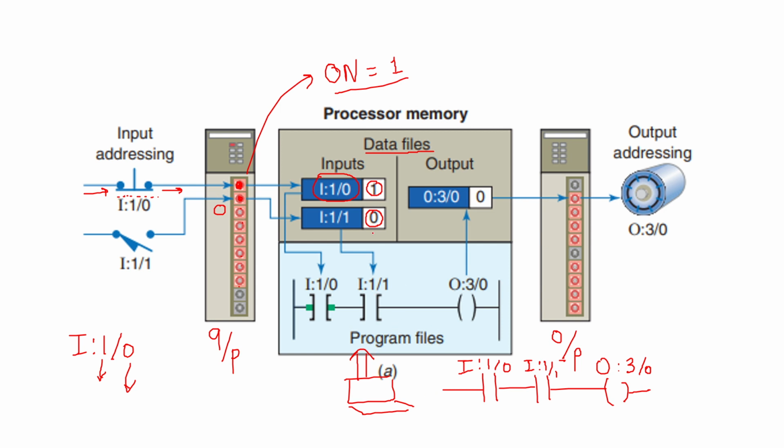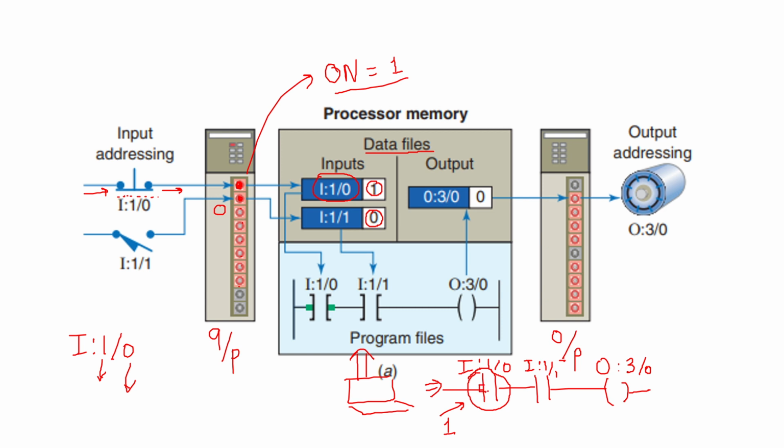Okay, so you transfer this program to the CPU. Your program file captures the status from the data files in every scan cycle. The data file transfers the status of these bits to the program file, and when this normally open contact gets a signal of 1, it closes the path.